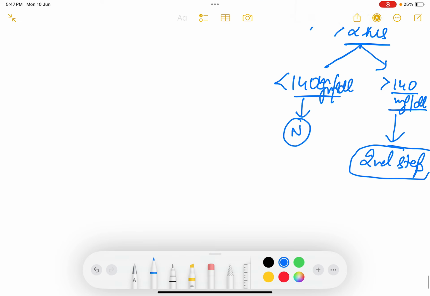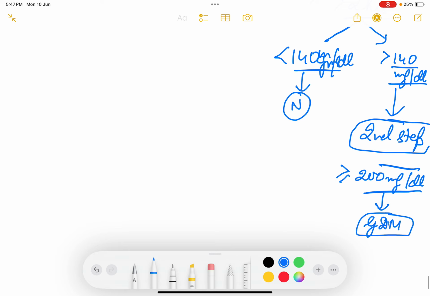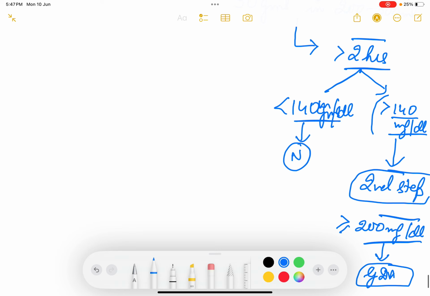But if the value is very high, more than or equal to 200 milligrams per deciliter, then you straightaway say that the patient has gestational diabetes mellitus, and second step testing is not required because sugars are already very high. You need not give glucose anymore because with repeated glucose challenge her sugars will rise further. So patients who have sugars between 140 to 200 in the O'Sullivan test will be subjected to the second testing.